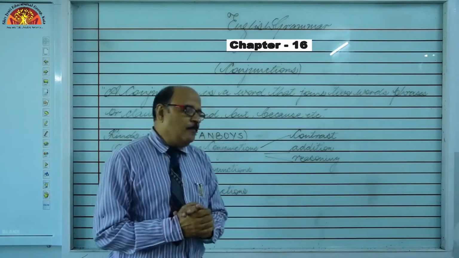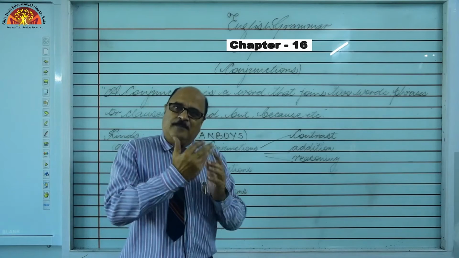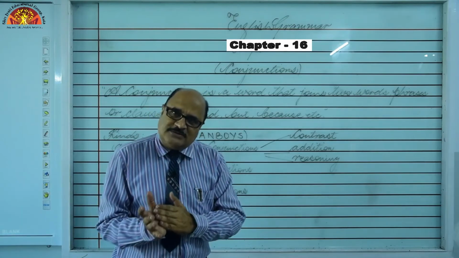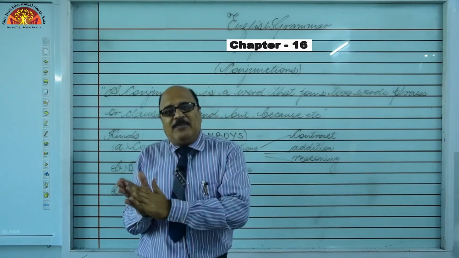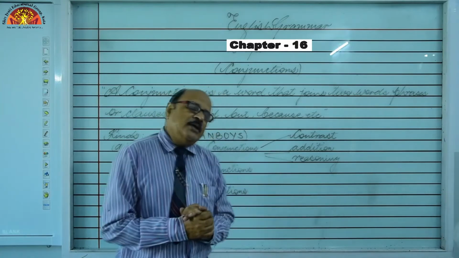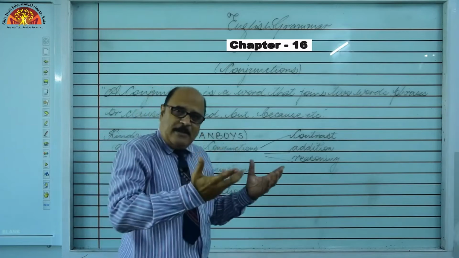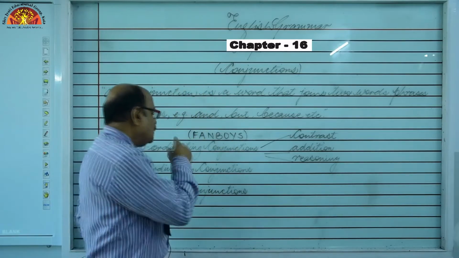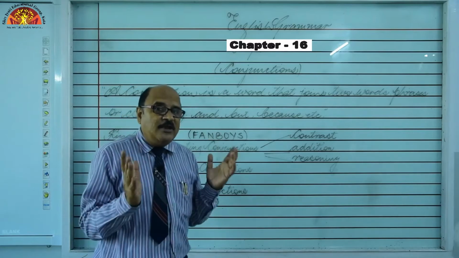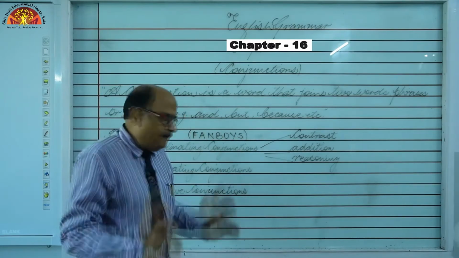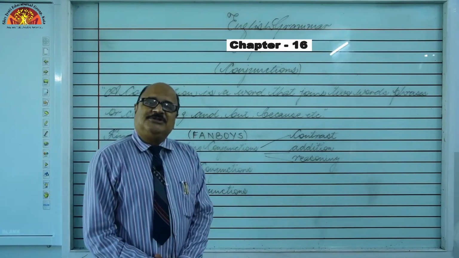Whatever words we use to join them are known as subordinating conjunctions. And the last one is correlative conjunctions.